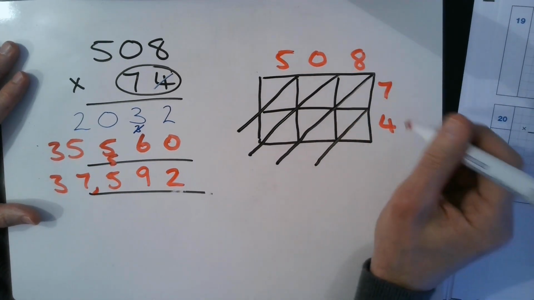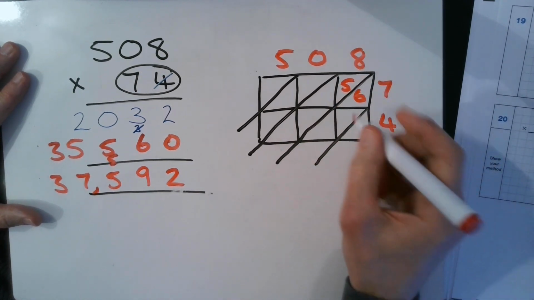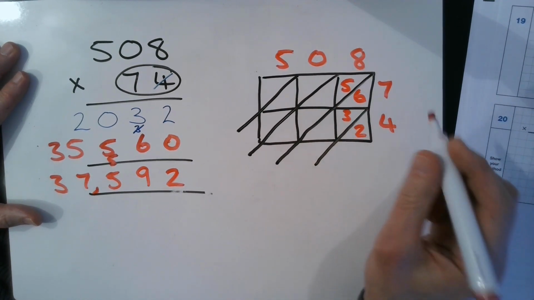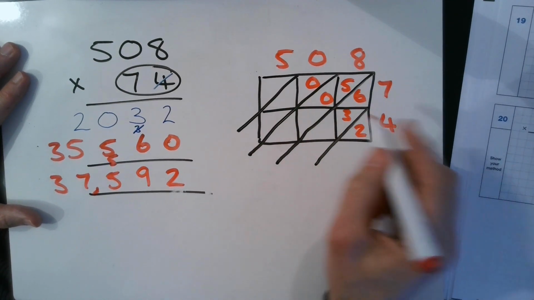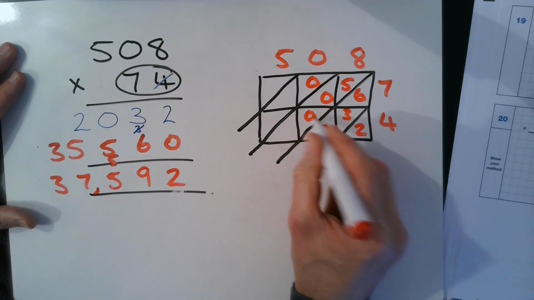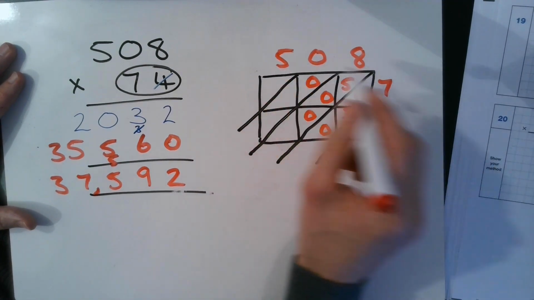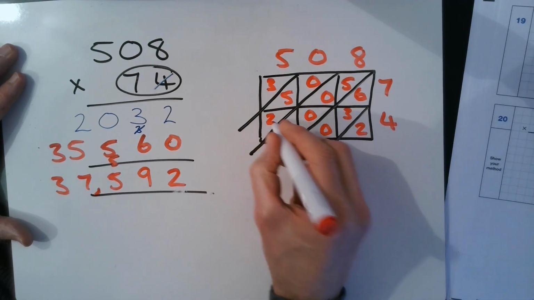So 8 times 7 is 56. 8 times 4 is 32. 0 times 7 is 0. 0 times 4 is 0, so you just put a 0 in, that's your 10s, that's your 1s, so you just put a 0 in both of them. 5 times 7, that's 35, 5 times 4, 20.